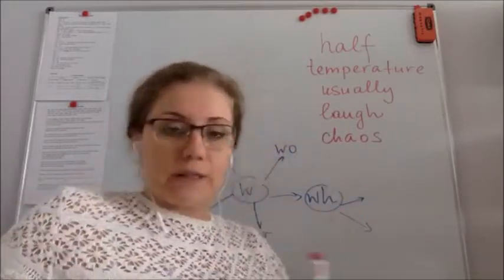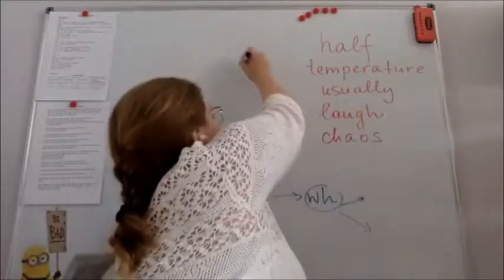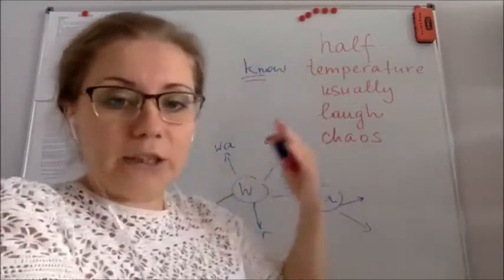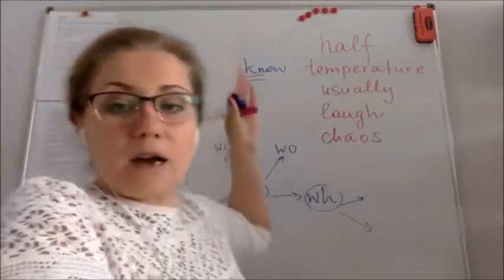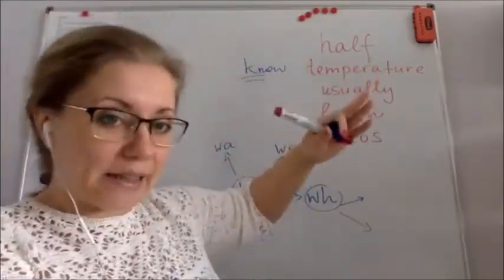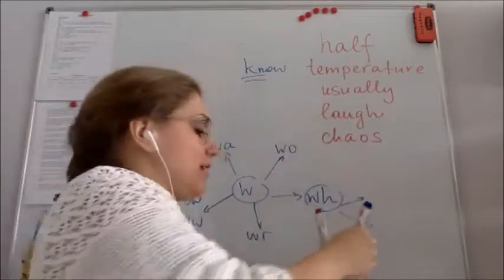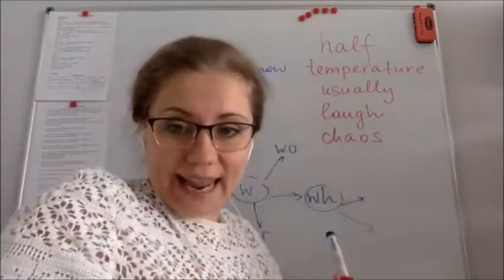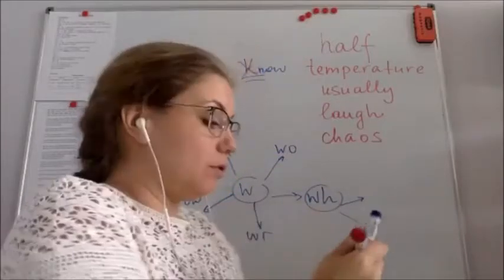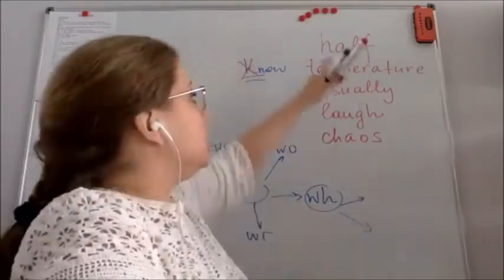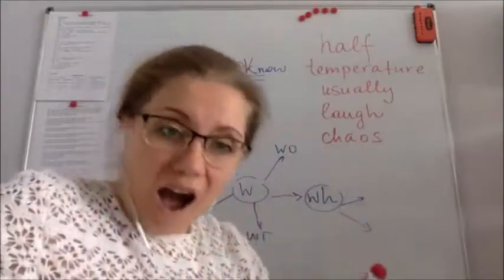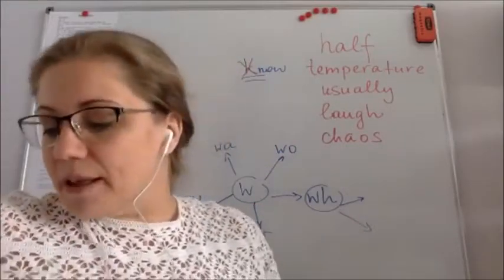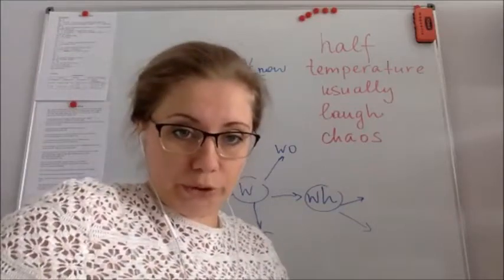Like if we say know, for example, every time when you see this combination K-N, it's a rule that K is silent, so you don't say it. This will be one of the rules. But if we talk about half, it's not a rule. You just need to remember this particular word.